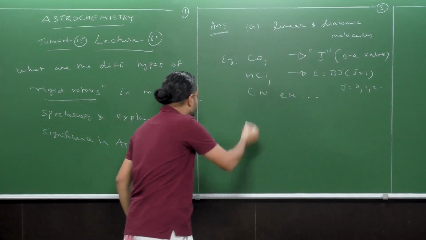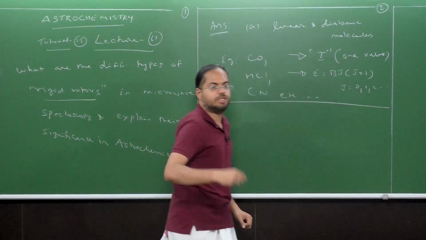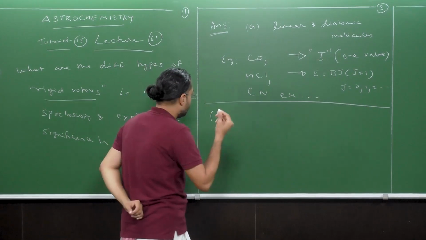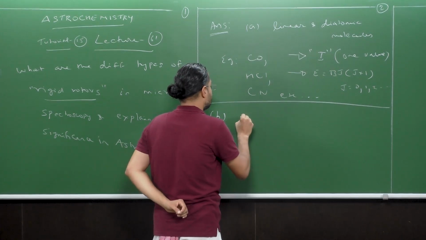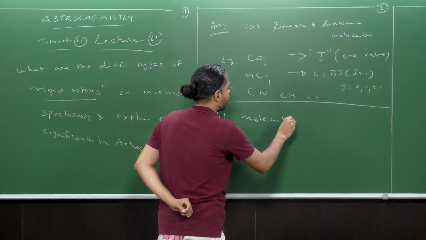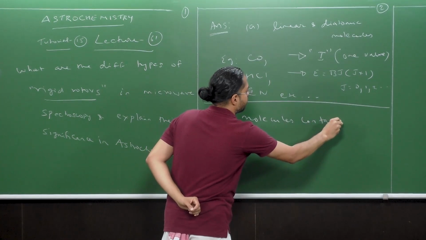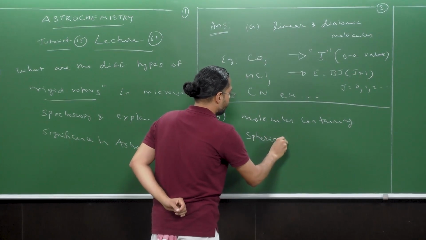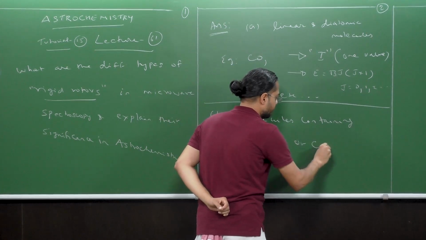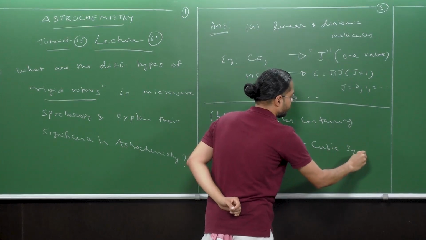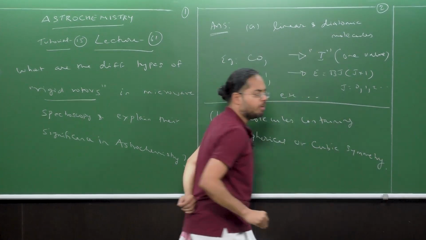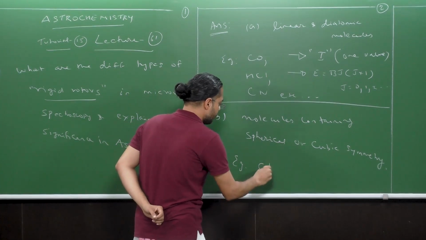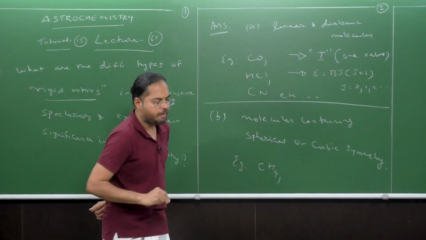Okay. Now let us look at some other types of rigid rotors. The other types of rigid rotor are going to be molecules containing spherical or cubic symmetry. Now, what would be some prominent examples? An example would be methane, right?